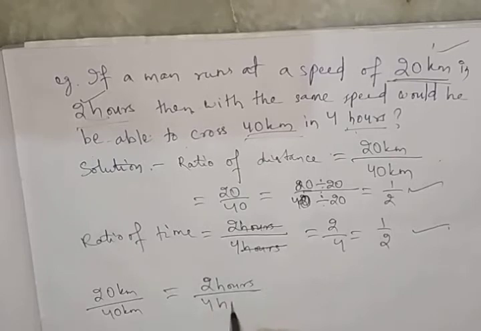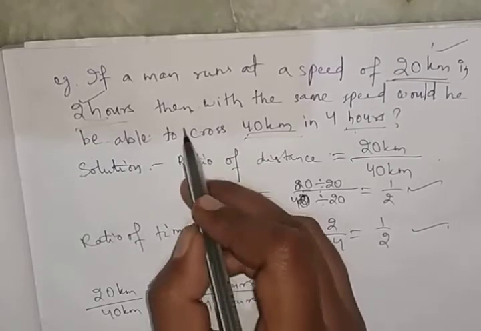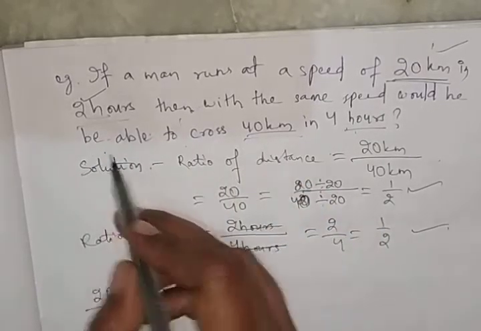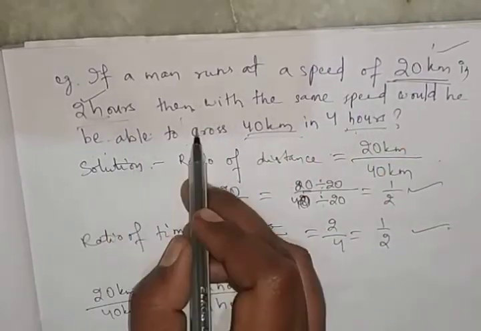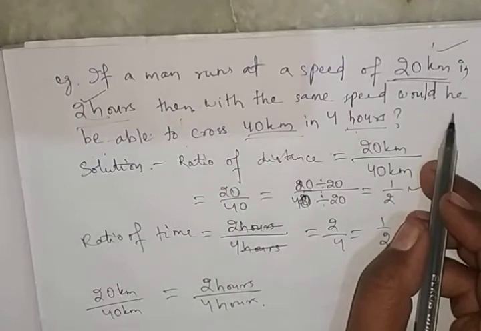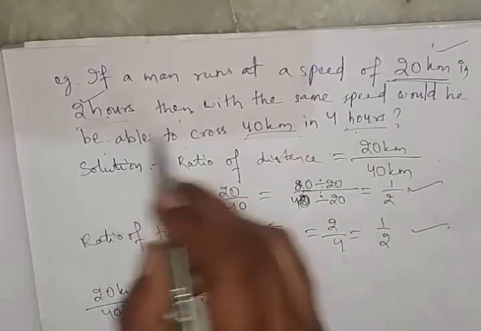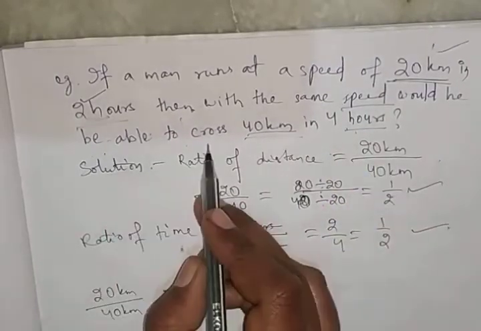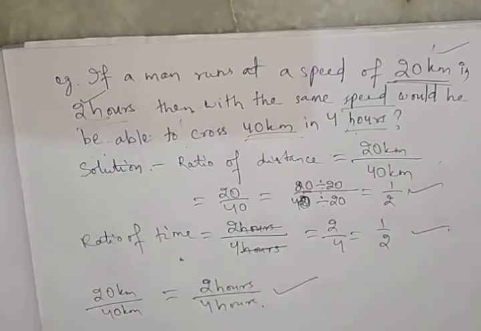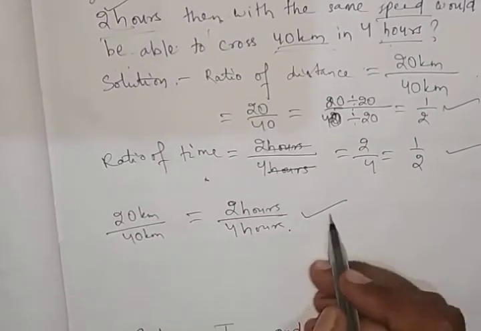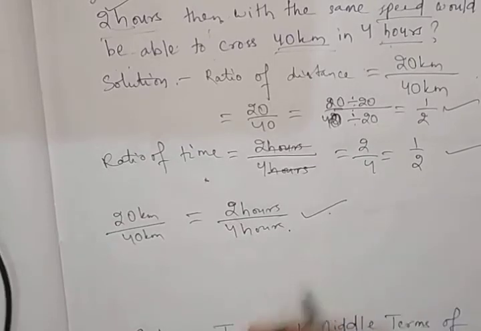So look here, both the ratios are the same, means 20 km by 40 km is equal to 2 hours by 4 hours. So if a man runs at a speed of 20 km in 2 hours, then with the same speed he would be able to cross 40 kilometer in 4 hours because both the ratios are equal. That's why they are in proportion.